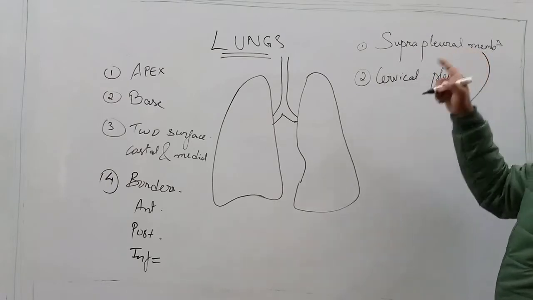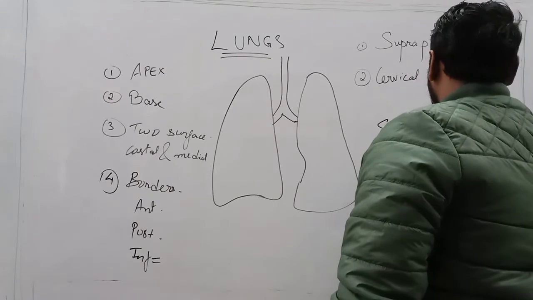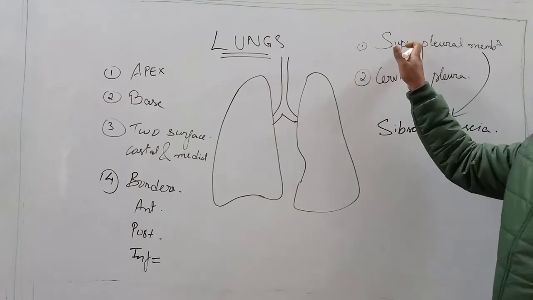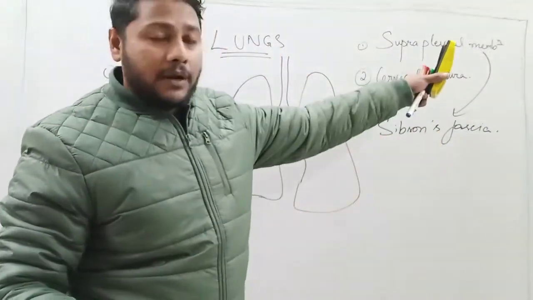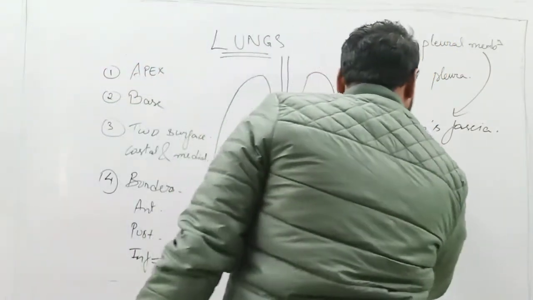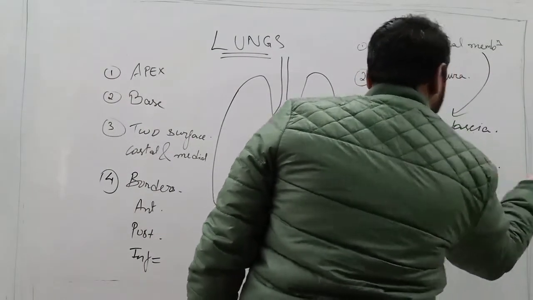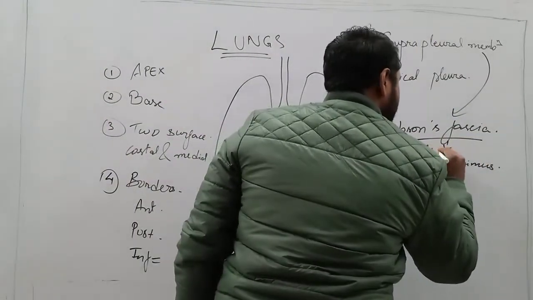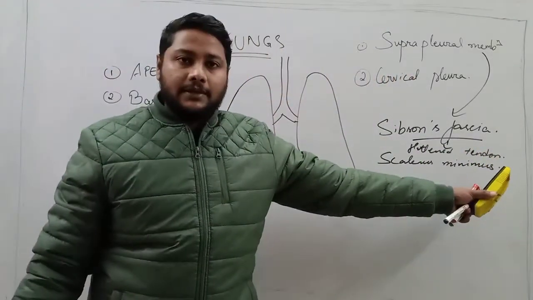The other name for the suprapleural membrane is Simpson's fascia. Okay, it is known as Simpson's fascia, and this fascia, or the suprapleural membrane, is nothing but the flattened tendon of scalenus minimus.